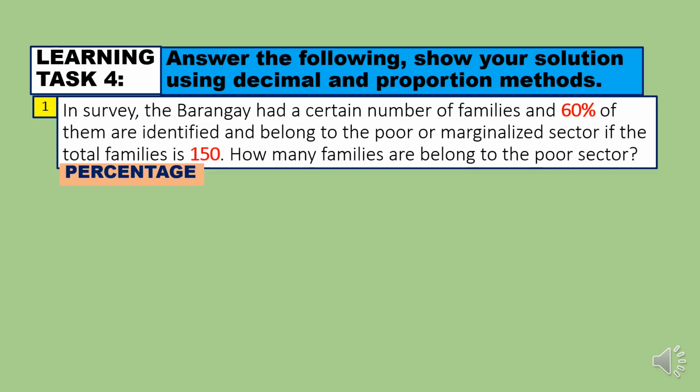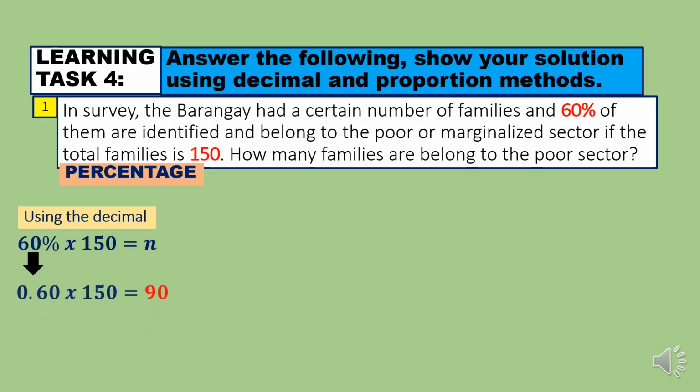So, para makuha natin ang sagot, using the decimal, 60% of 150 equals n. What is n? So, 60% change natin sa decimal form and that is 60 hundredths times 150 equals 90.